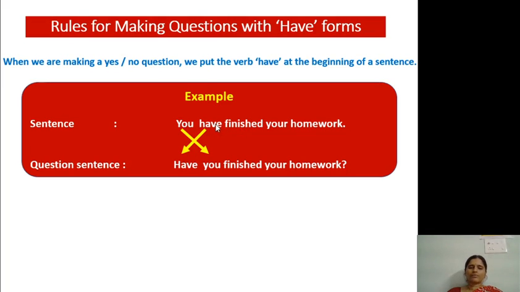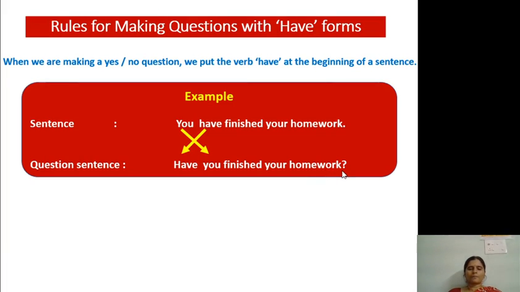The same way, the auxiliary verb comes first, followed by the subject, and the remaining part comes as it is. There is no change in that. So the thing you have to remember is only this interchanging of subject and verb. That means the verb takes first place and the subject takes the second place when you are framing a question.